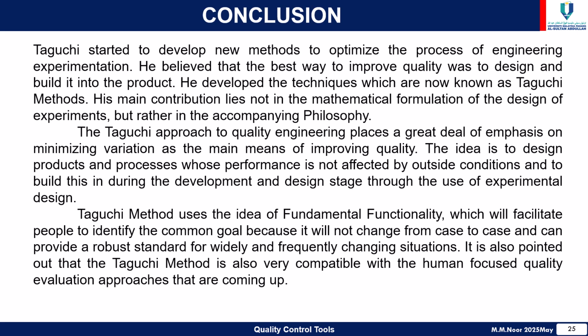So the conclusion is Taguchi started to develop a new method to optimize the process of engineering experimentation. Basically, the Taguchi approach to making sure of the quality of engineering places a great deal of emphasis on minimizing variation, and the Taguchi method uses the idea of fundamental functionality, which helps people identify the goal, because it will not change from case to case and can provide a robust standard widely.